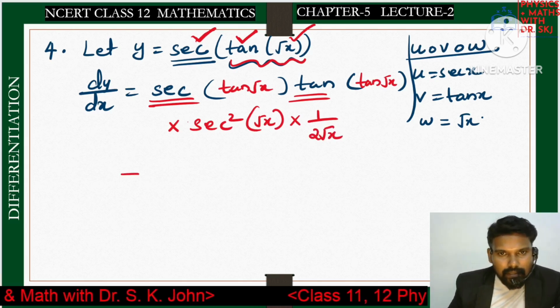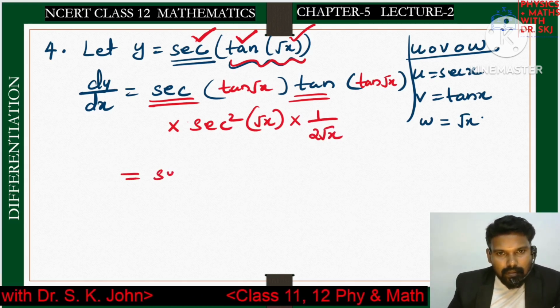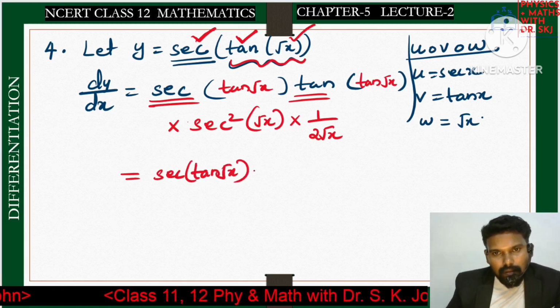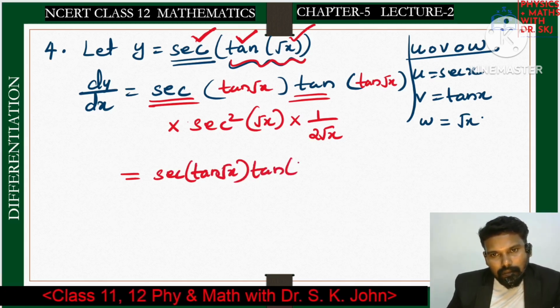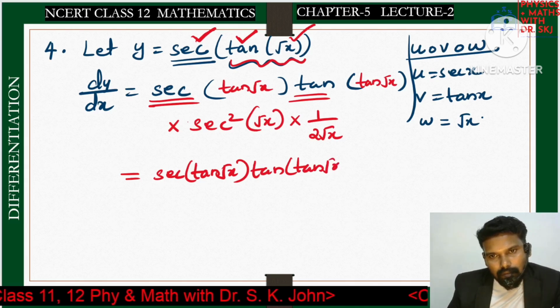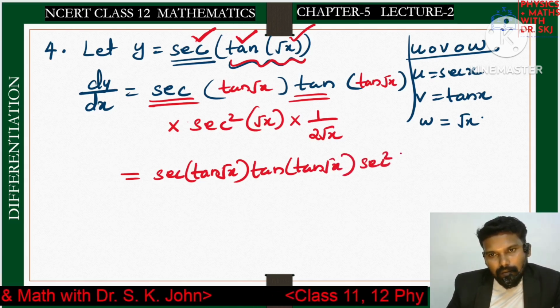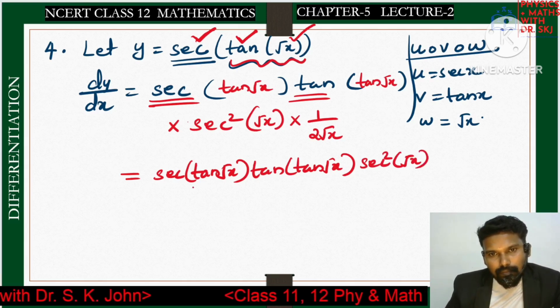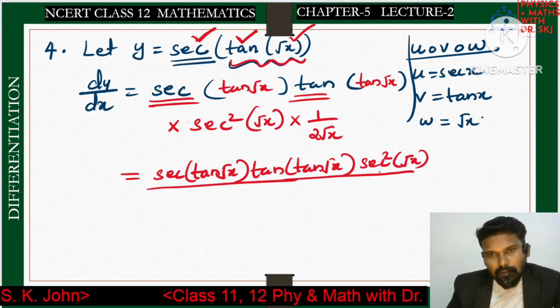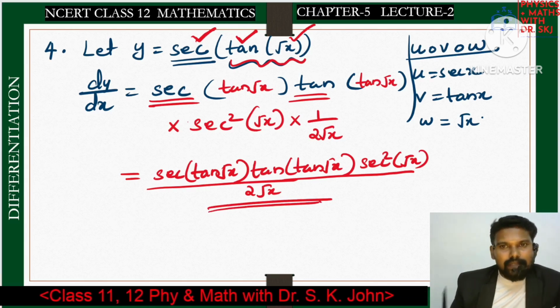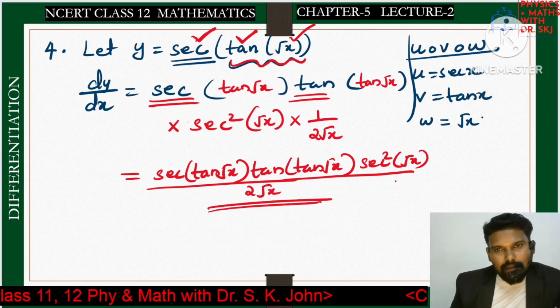So your answer is sec of tan root x, tan of tan root x, times sec square root x, divided by 2 root x. So this is the answer. Now the simplification is there. You can simply write like this.